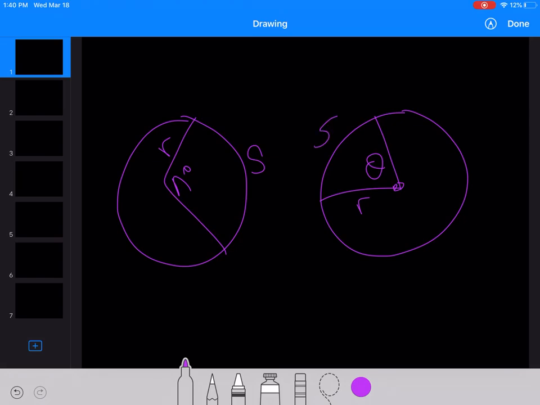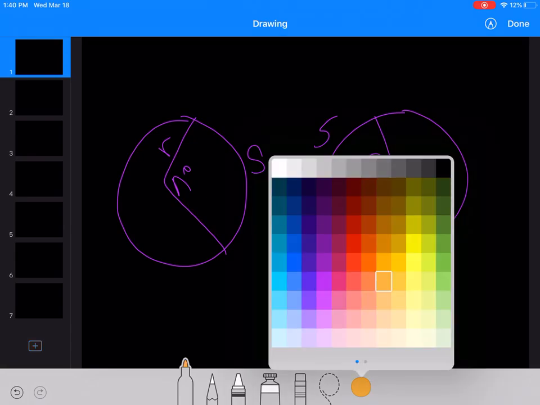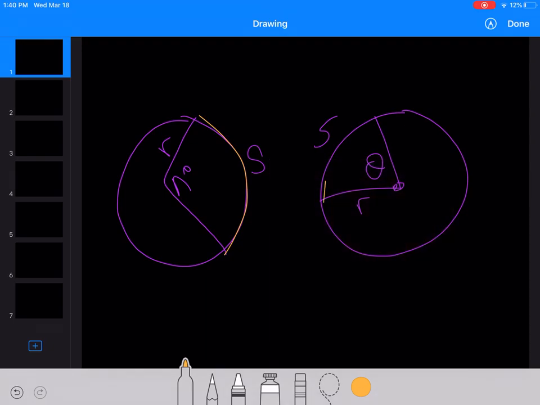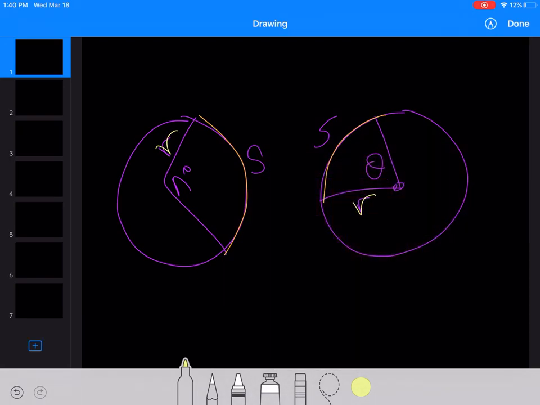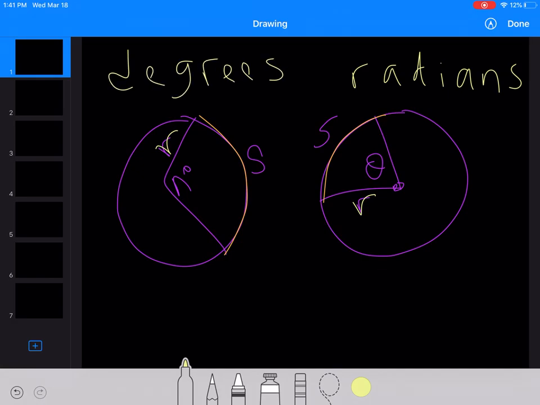So the arc length is still S for both of the arc lengths, and we still have a radius for both of them as well. The only thing different is this one's in radians, and this one's in degrees. They're just two different units.